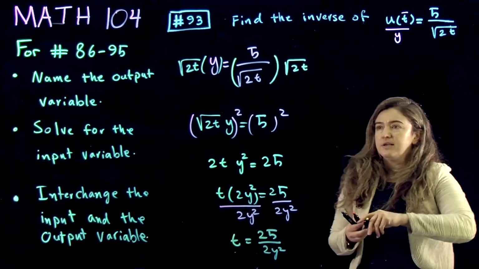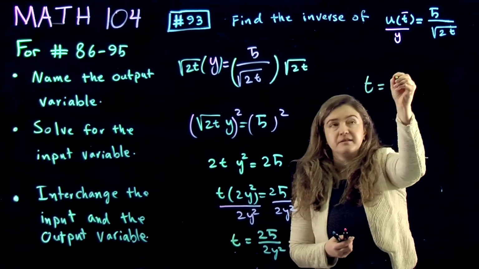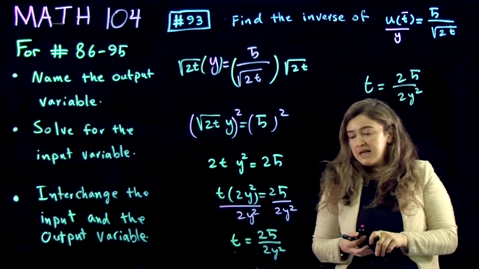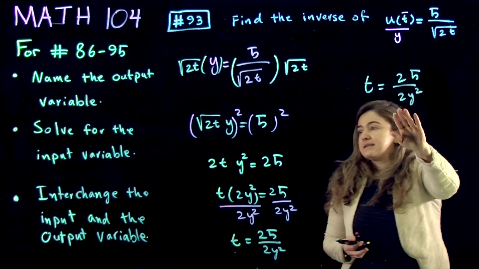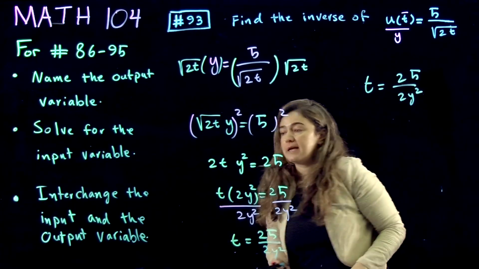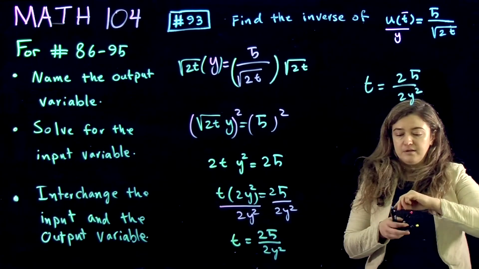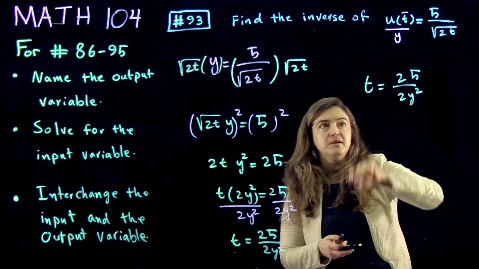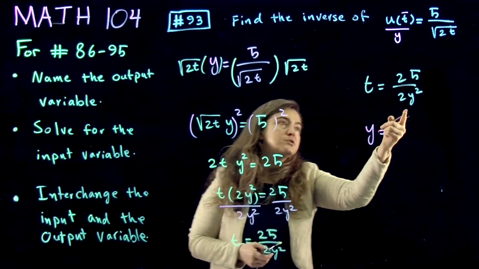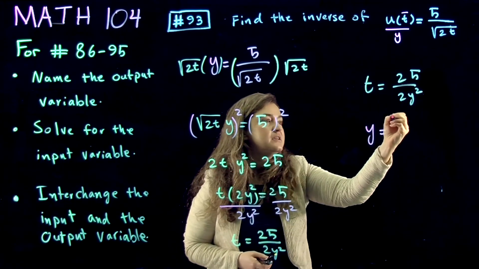Let's rewrite it over here. And then at this point, we interchange the input and the output variable. So wherever you see t, you replace by y. Wherever you see y, you replace by t.